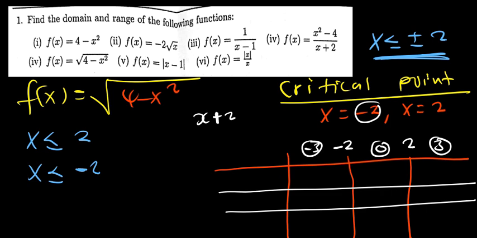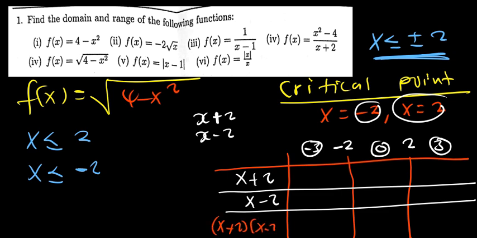Same applies to this: if I shift that 2 to the other side, it's going to be x minus 2. So I'm going to put x plus 2 here, then x minus 2 there. Have you seen what I've done? In the last column, I'm going to put the product of these two. That is the principle of inequality.